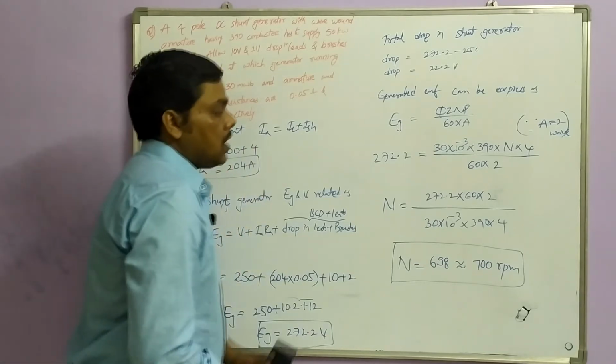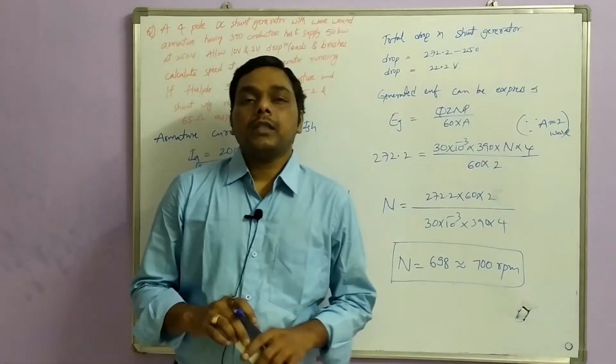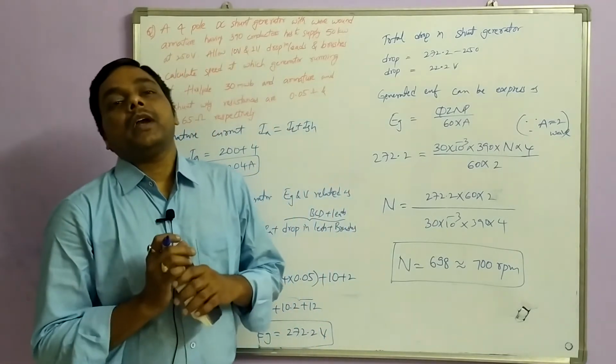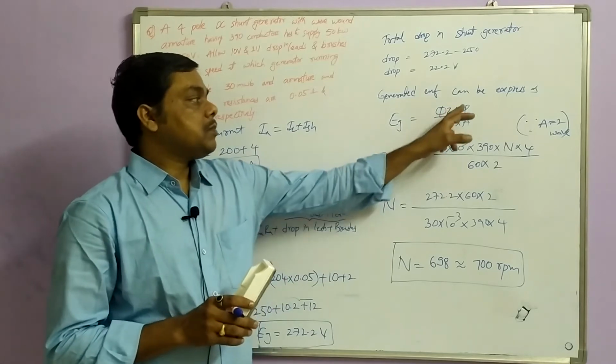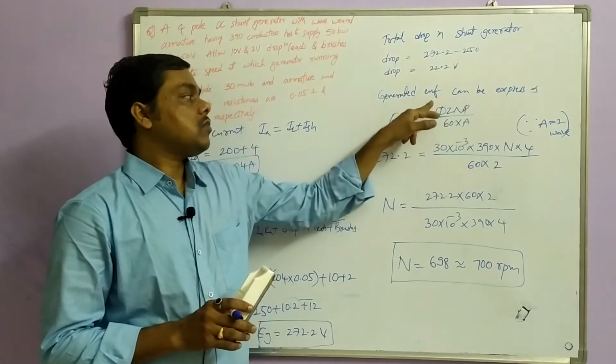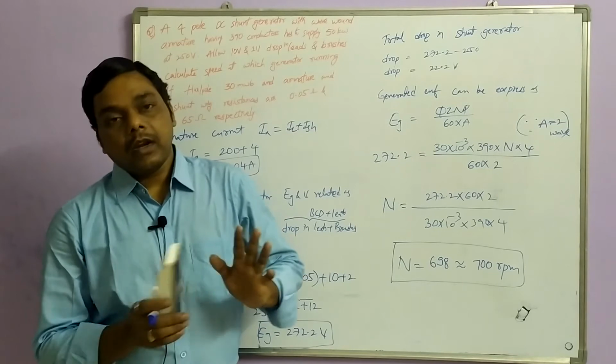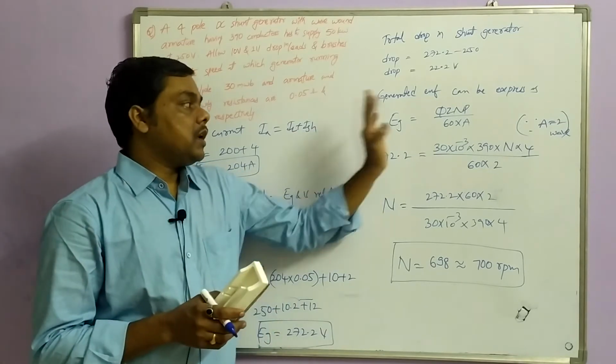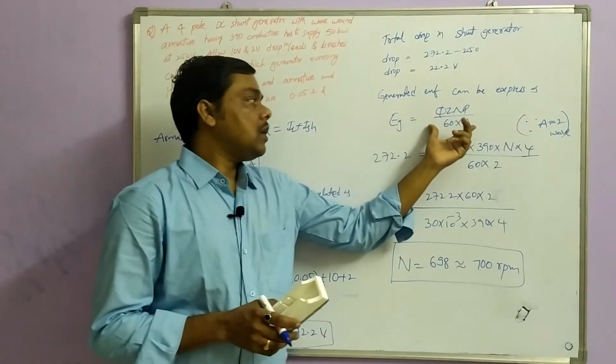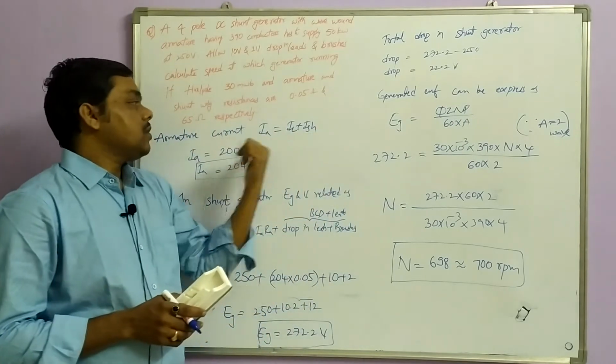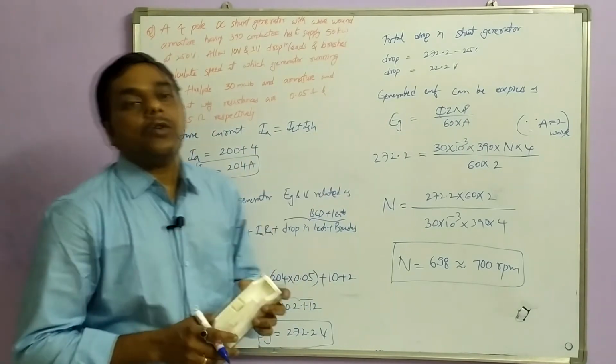Okay, so like this we have to determine the generated EMF, and the parameters may be speed, poles, armature, flux, Z. So we can relate the generated EMF in either way. We can also write this formula, as well as we can write V plus IA RA and drop.